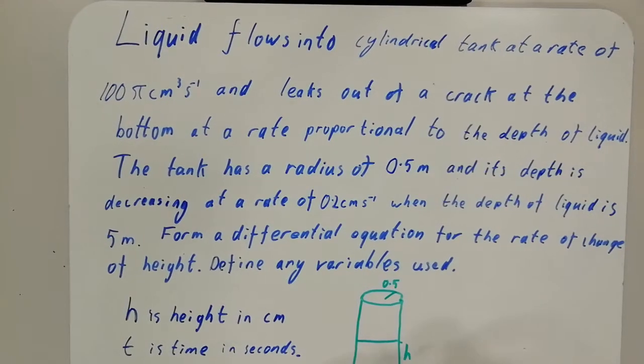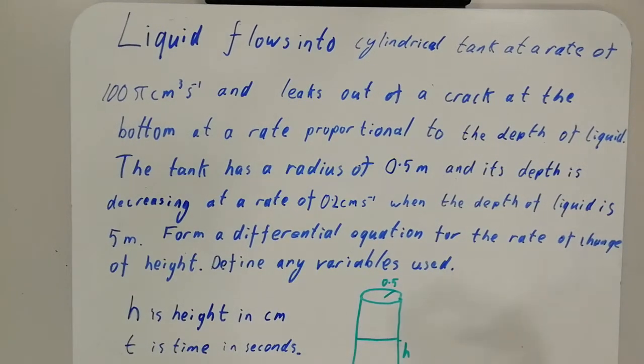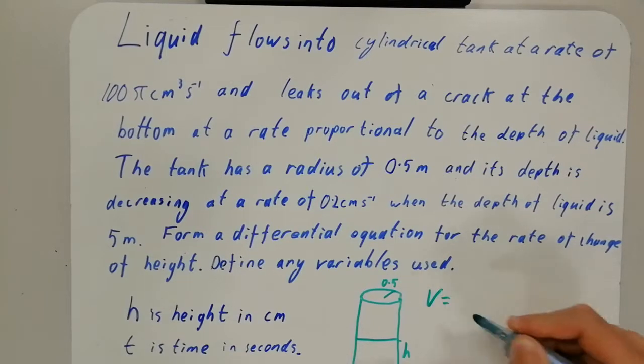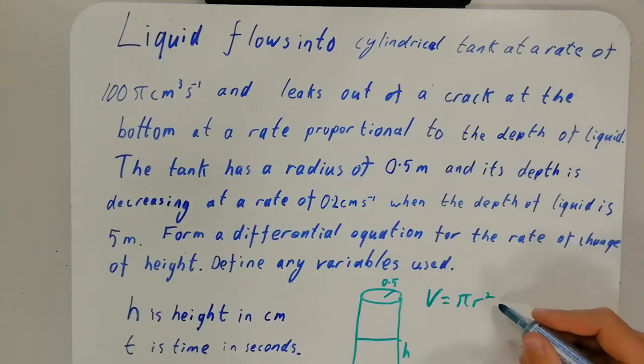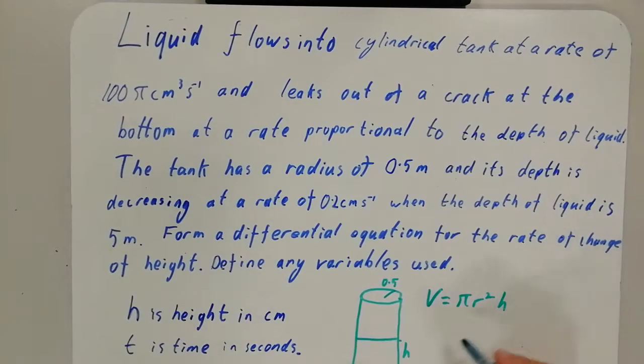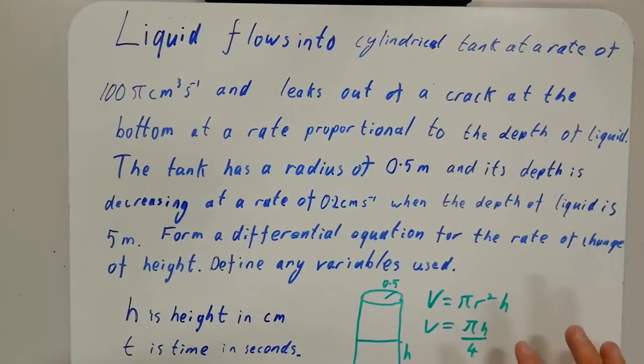So we're going to need something that links volume to height. Volume is pi times radius squared times the height, and we know our radius squared, half a metre squared is a quarter. So we know that volume is pi h over 4. Cool.